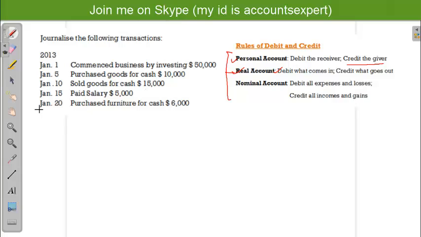Now we have one more transaction conducted on January 20, and that is purchased furniture for cash $6,000. Now let's see what happened in the business.